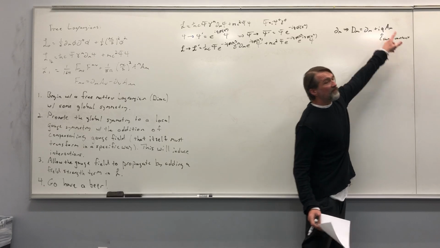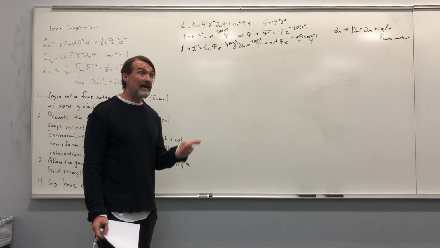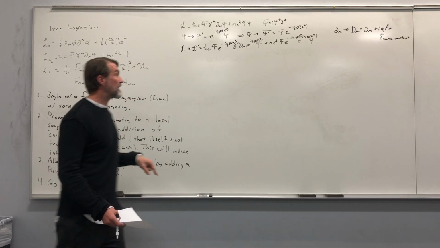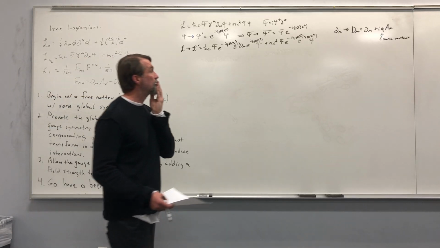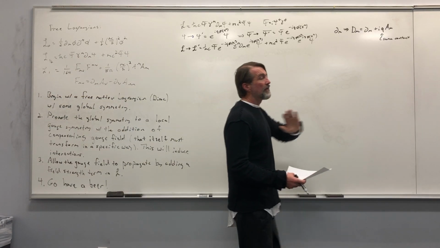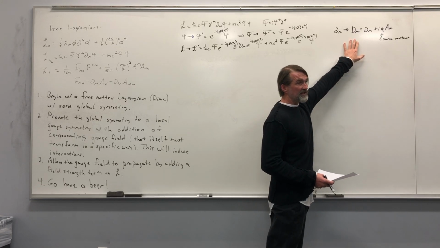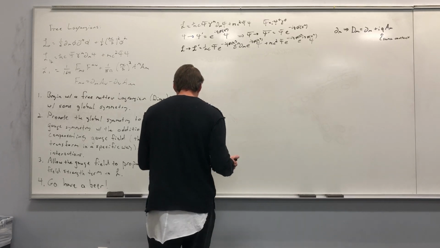However, notice this new field that I've introduced to the story is not a spinor field. It's a vector field. It's got that little vector index. It's one of these A mu's. Now, this is the first deformation that we're going to make. So let's see how this plays out.